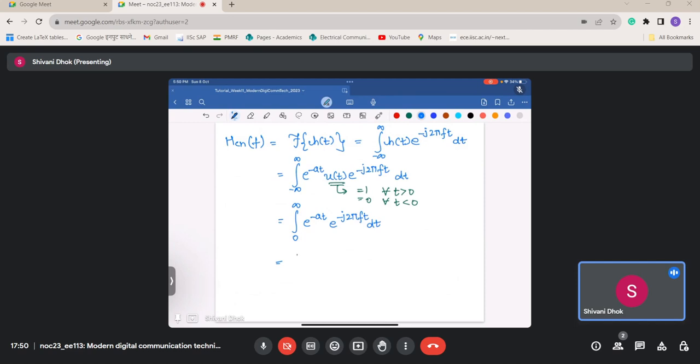This I can write as the integral from 0 to infinity of e^(-(a+j2πf)t) dt. Let me just do that on the next page.